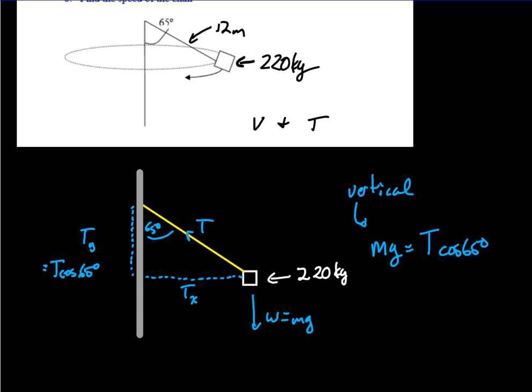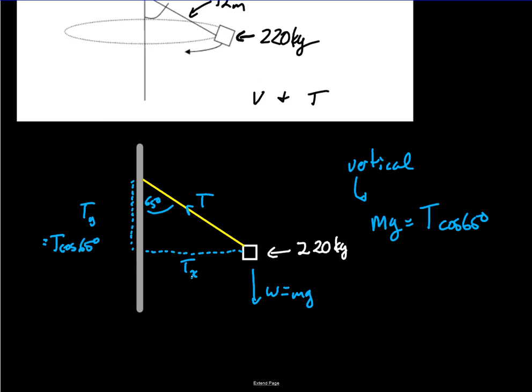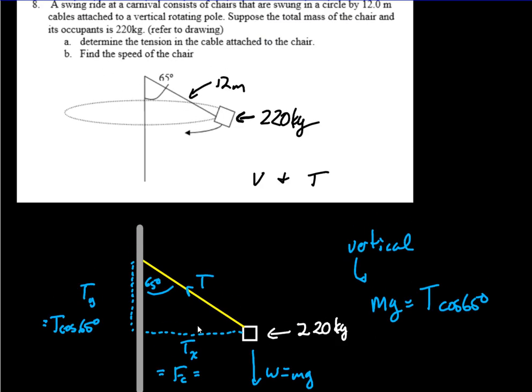Okay, so next up we've got to deal with the horizontal, and this Tx is actually our centripetal force. So it's going to be equal to mv squared over r.